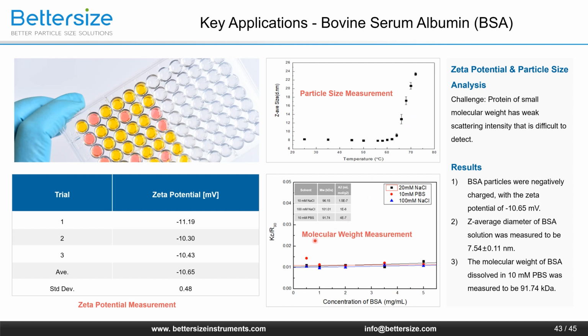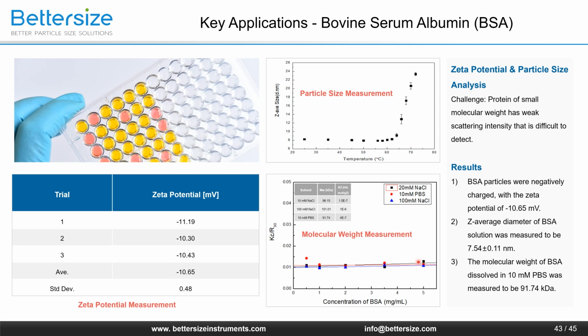In addition, we have investigated the changes of molecular weight of BSA in different aqueous environments. A Debye plot was constructed and the slope was calculated to provide molecular weight. According to our knowledge, when BSA was dissolved in aqueous environments, they form oligomers and aggregates.